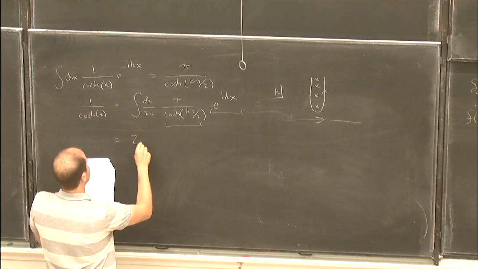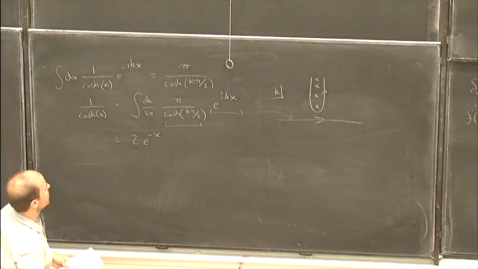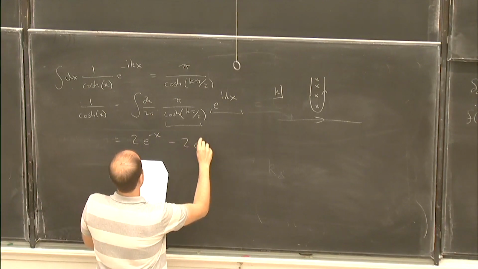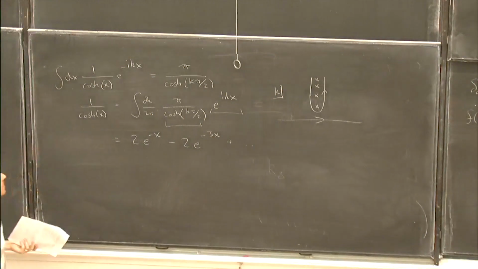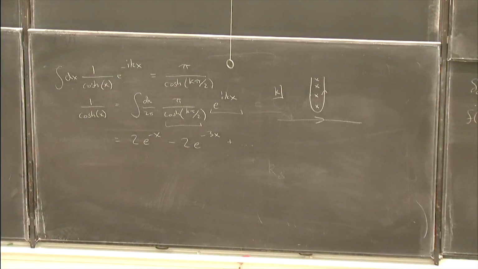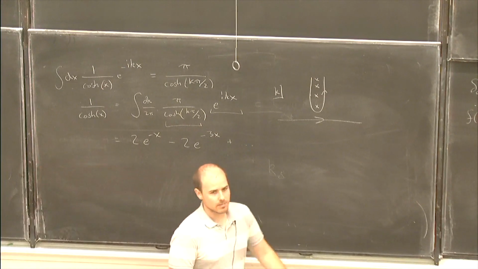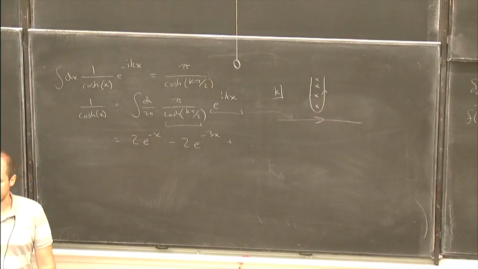So we get 2 e to the minus x. That's coming from the pole at k equals I, minus 2 e to the minus 3x plus dot, dot, dot. And this might look kind of silly, but this is the same sort of thing that will happen shortly in the conformal block decomposition when we write that using harmonic analysis.